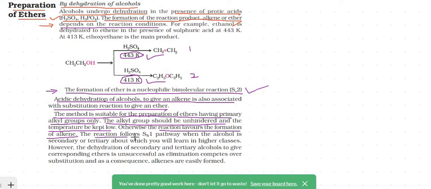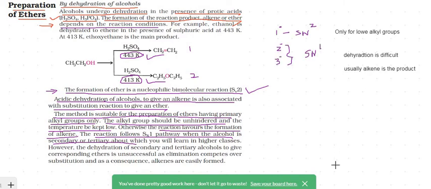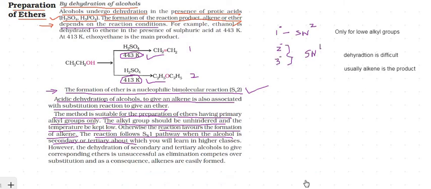The reaction follows the SN1 pathway when the alcohol is secondary or tertiary, about which you will learn in the higher classes, so we are not going to cover this. For primary it is SN2, while for secondary and tertiary it is going to be SN1.